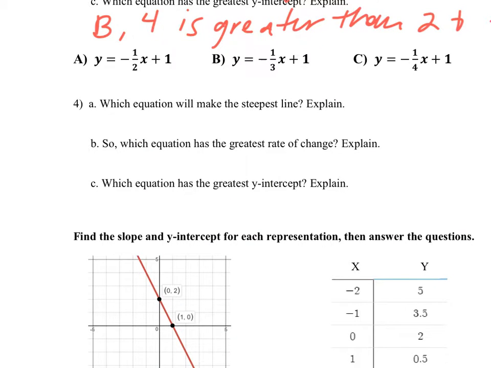So you're looking at your slopes, right? But we really don't care about the negative, so I'm going to ignore it. So I like what Connor said, A, because it's greater than 1/3 and 1/4.